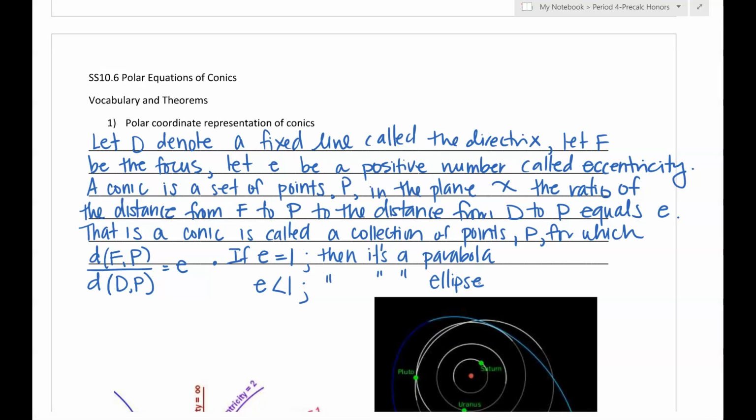Now, what we don't study this year, which I'm going to put a star, is if E is bigger than 1, then your conic is a hyperbola. So conic, I'm going to spell it out here. It's a hyperbola.